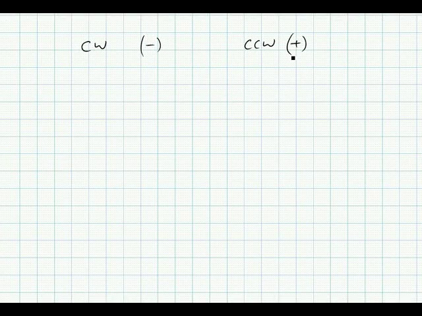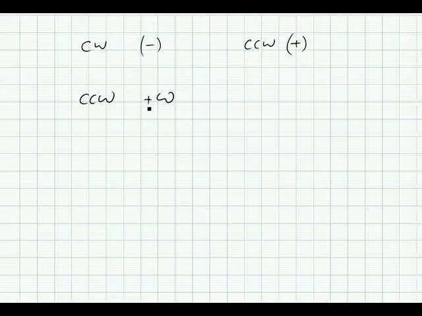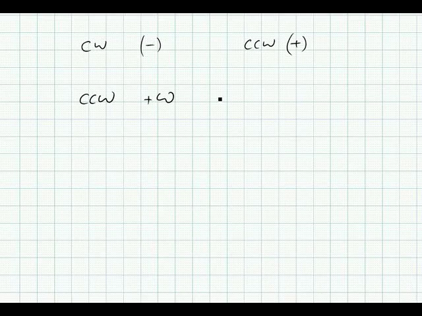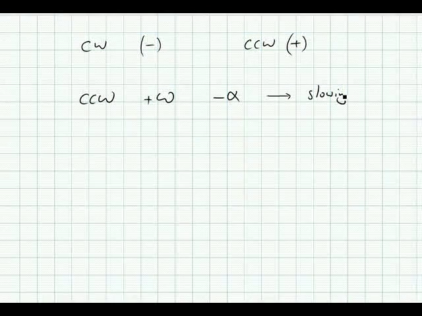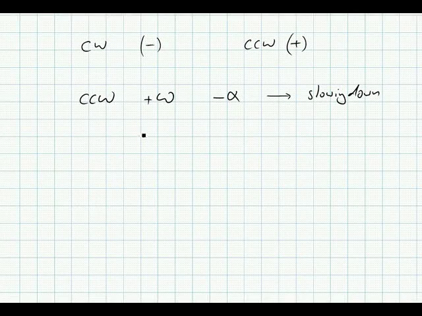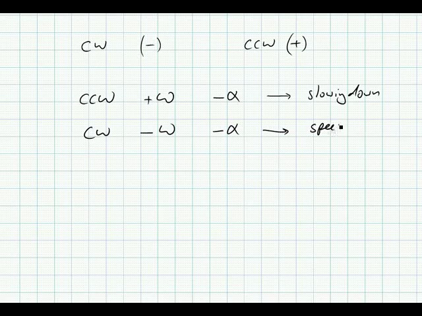So if an object is moving in a circular motion counterclockwise, omega is positive. If it has a negative angular acceleration, that means the object is slowing down. If it's moving clockwise, that's negative omega, and a negative acceleration means speeding up.